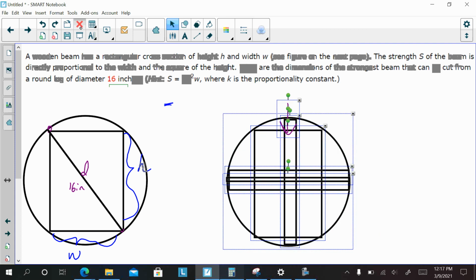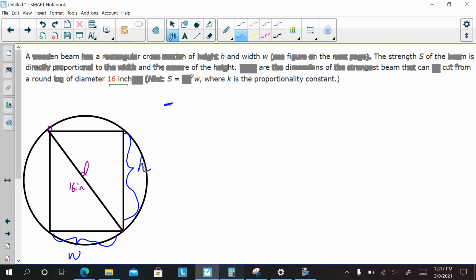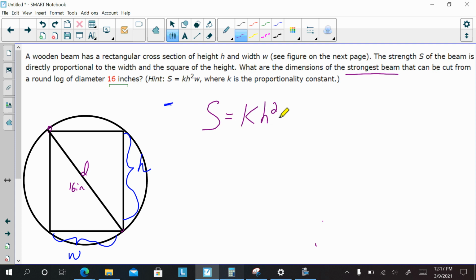So let's get rid of that. What we want to maximize is S. We want it as strong as possible. We're looking for the strongest beam. S equals K H squared W. Now K is just some constant, and we don't know what that constant is. But H and W are both variables.